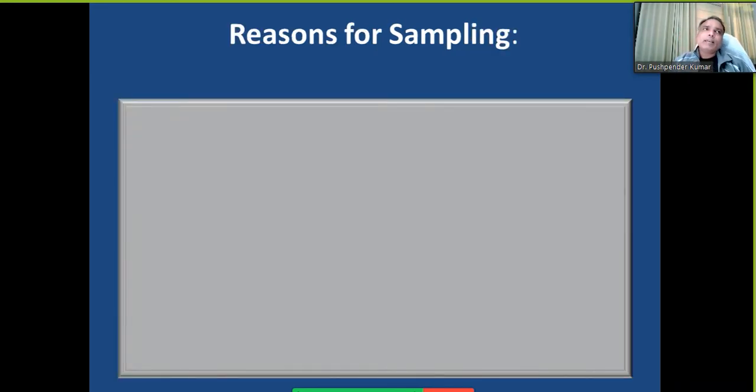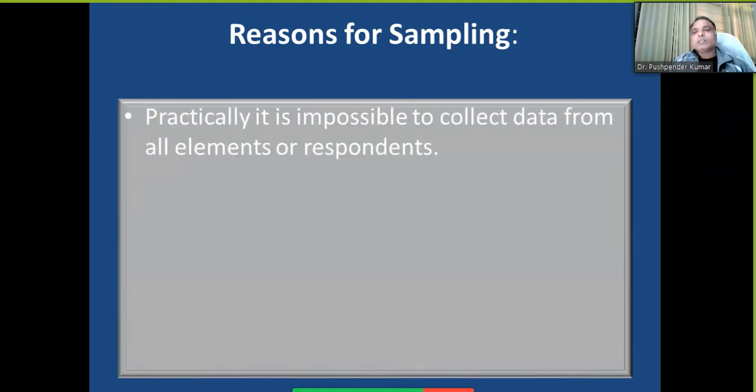Now, why do we go for sampling? We have already discussed that it would be very difficult for all of us to collect information from the whole population. Practically it is impossible to collect data from all elements or respondents. The reason is, at a particular point of time, you never know the exact number of students in the university.